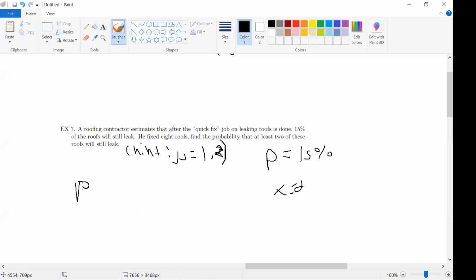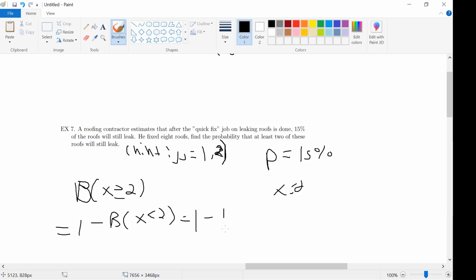So in this case, this is binomial. The binomial probability that x is greater than or equal to 2. Here's the thing. That x can go 2, 3, 4, 5, 6, 7, 8. You can go as high as you want. It'll be easier to use the complement rule. This is equal to 1 minus the binomial probability that x is less than 2.